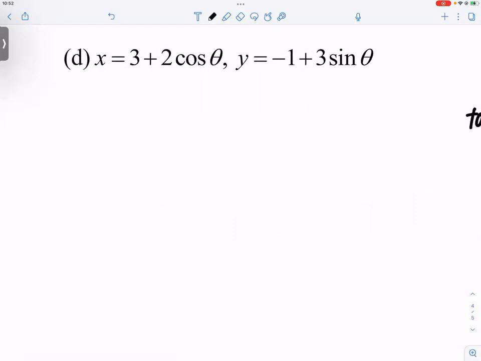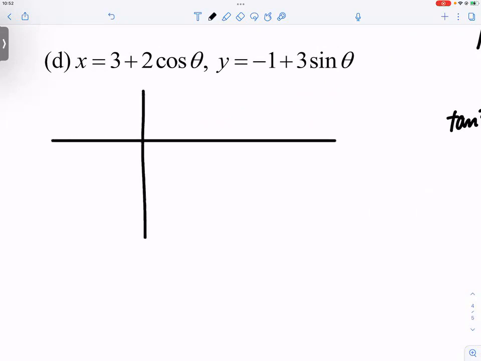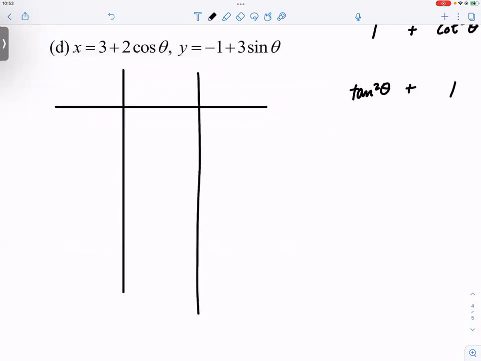All right, now we have these wonderful equations here with sine and cosine, and we have theta now instead of t. So how would things change if we have theta instead of t? What we would do is set up the theta, x and y for the table.